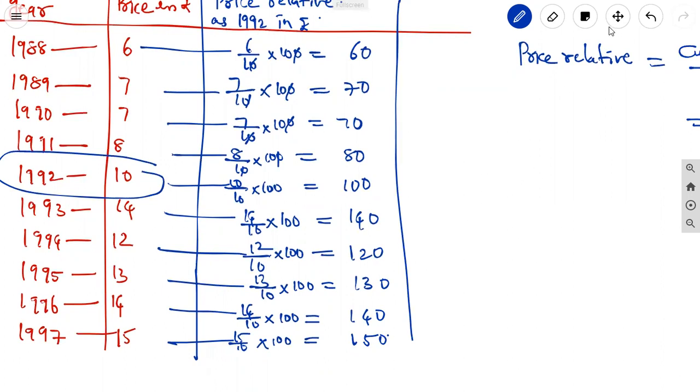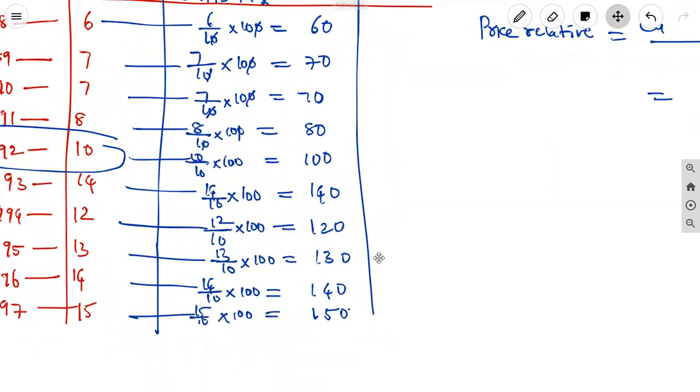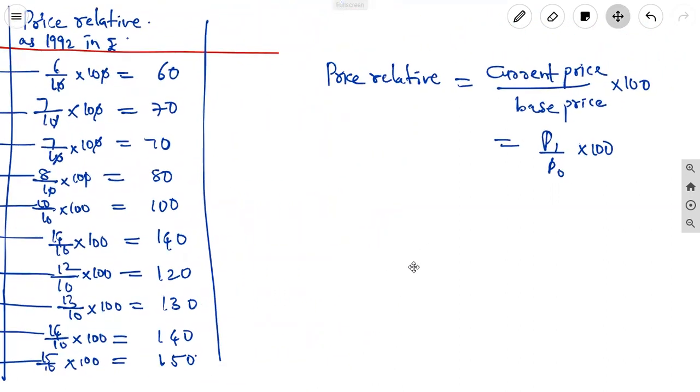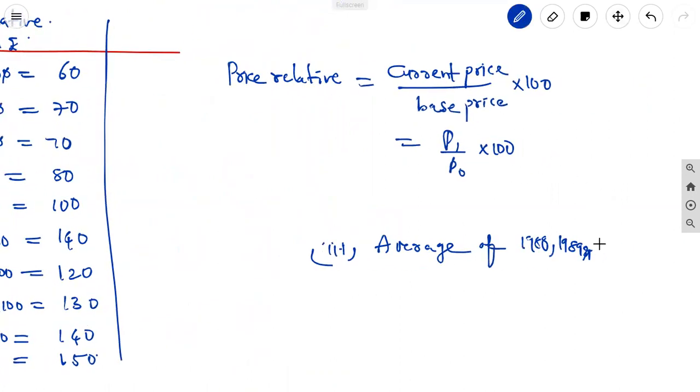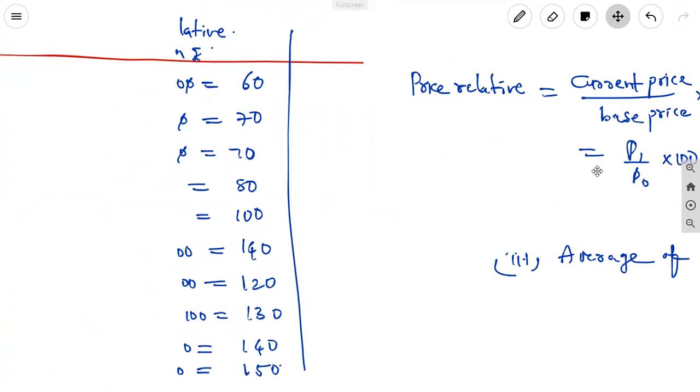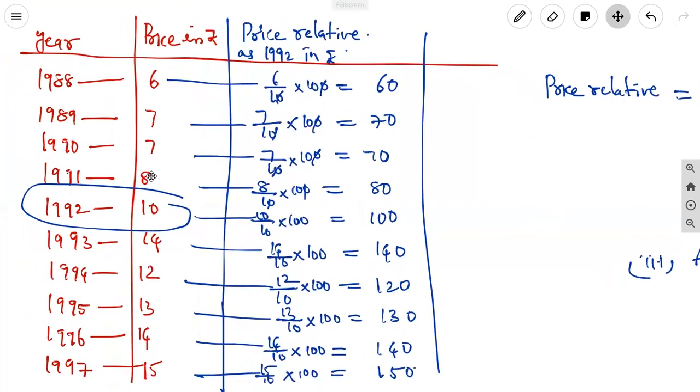Next, we can take the average. The third question is to take the average of 1988, 1989, and 1990. We take the values of 1988, 1989, 1990.